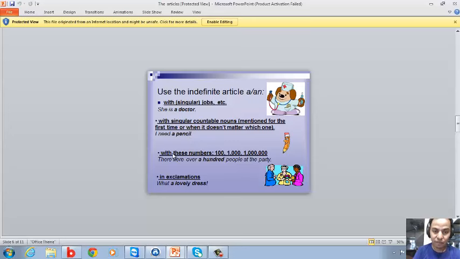Or okay, with this number, 101, 1,001, 1,000,000: there are over 100 people at the party. See, a is needed, and why is a used instead of an? Because the first letter of the word is a consonant. Okay, in exclamations, what a lovely dress.